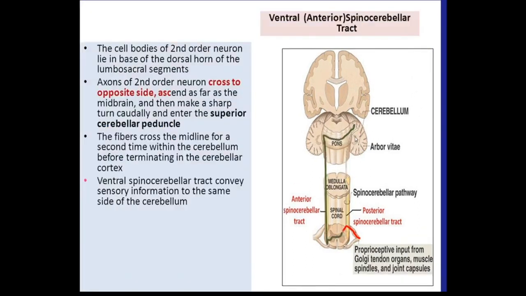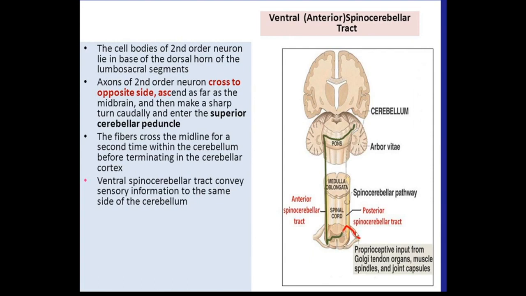The second ascending spinocerebellar tract, ventral or anterior or Gowers' tract. Do you remember, first order neurons always lie here in the spinal ganglion.